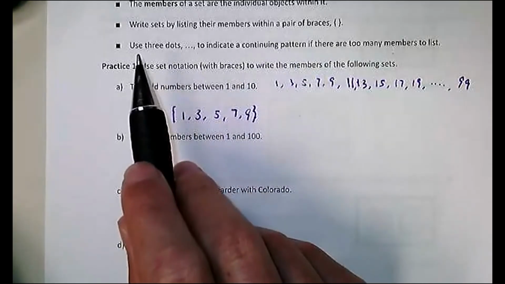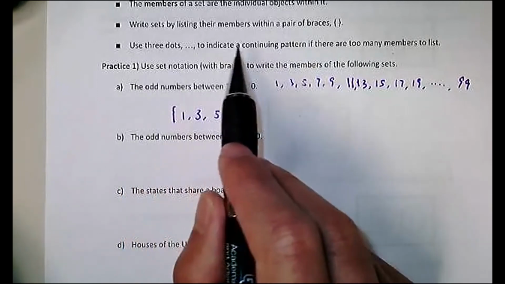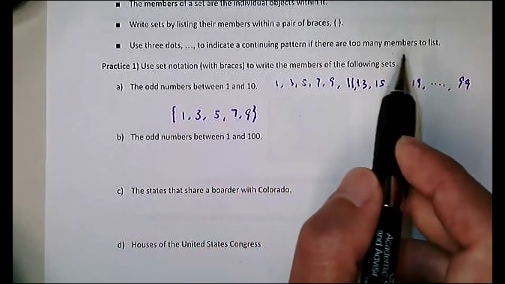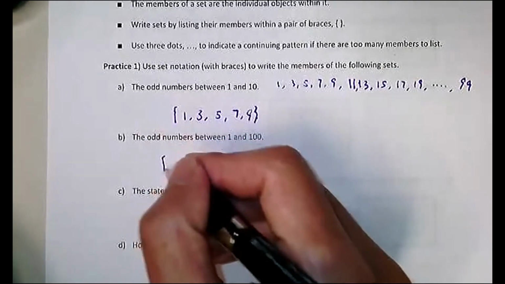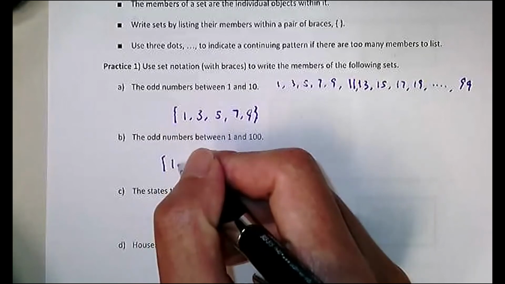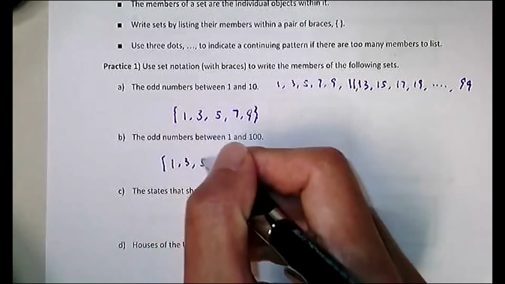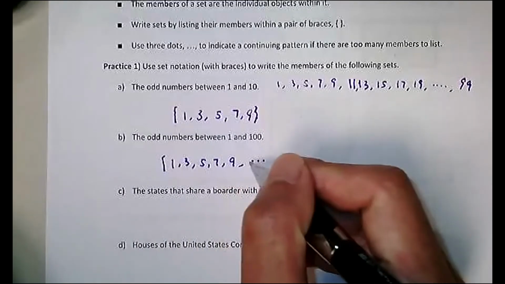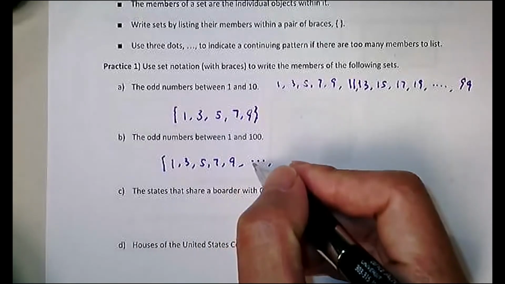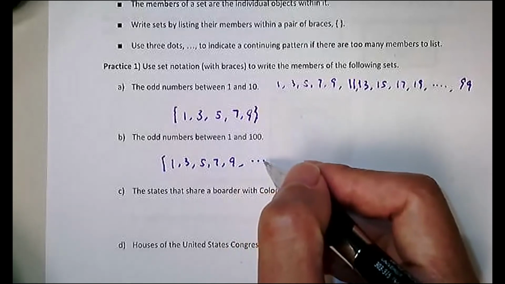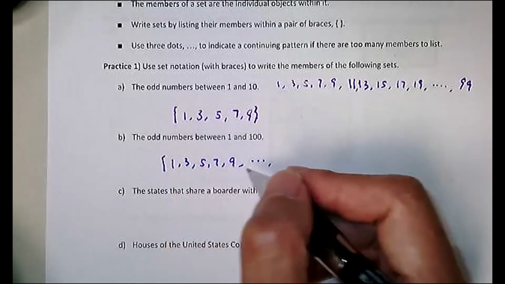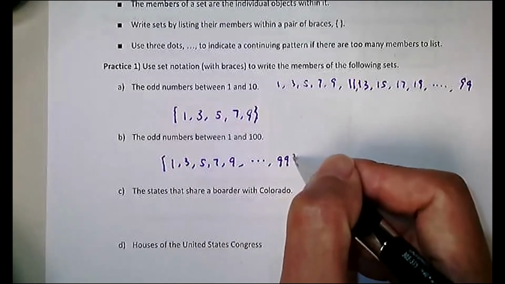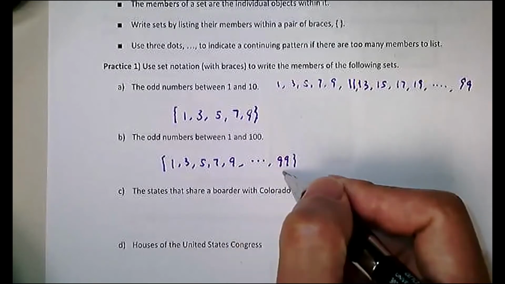So instead, we remember that we can use three dots to indicate a continuing pattern if there are too many members to list. Let's write as we did for question A: 1, 3, 5, 7, 9, and so on.